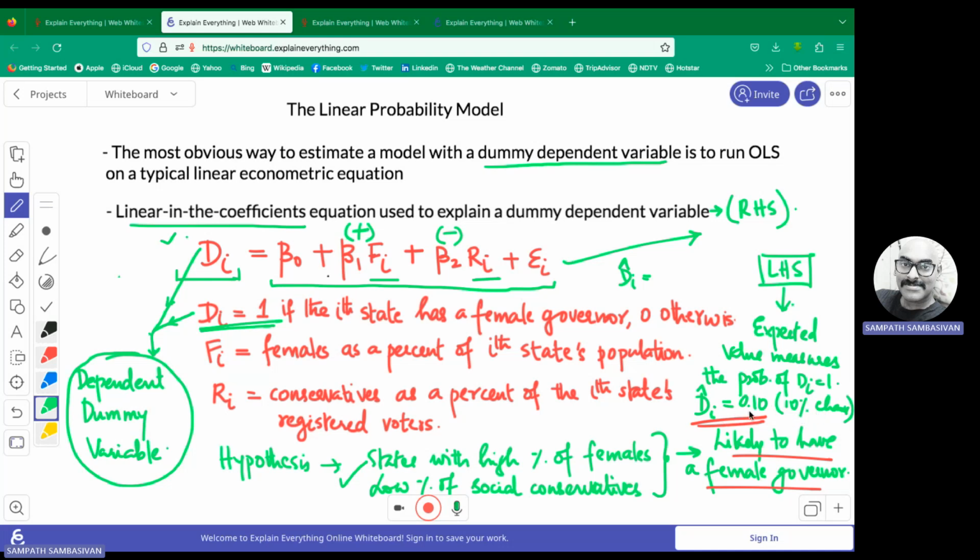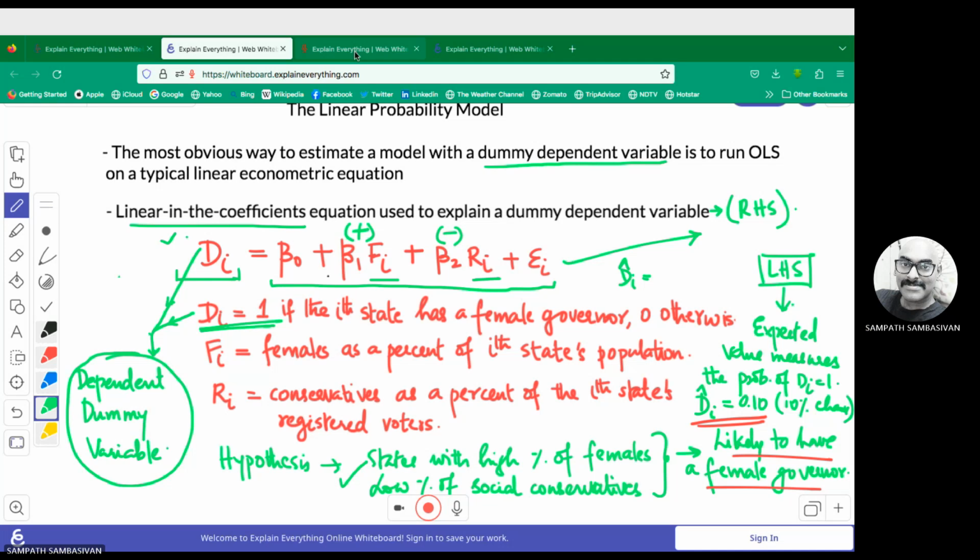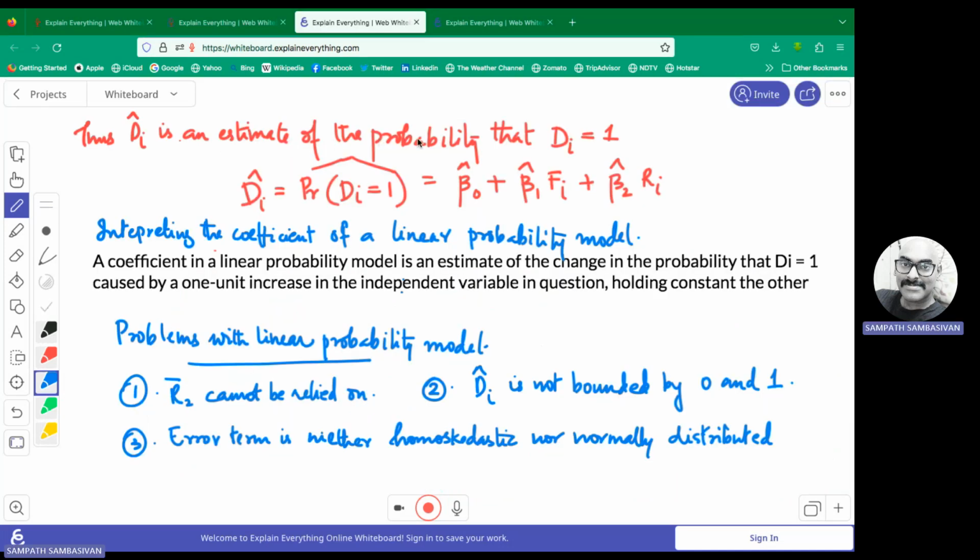So here, as you can see, this estimated value helps you understand the probability. It is an estimate of the probability that Di is equal to 1, and hence the name linear probability model. Why is it called linear? Because the coefficients of the equation are linear in nature. Why is it called a linear probability model?